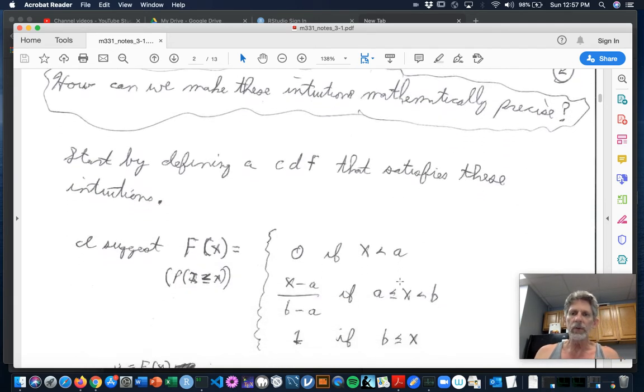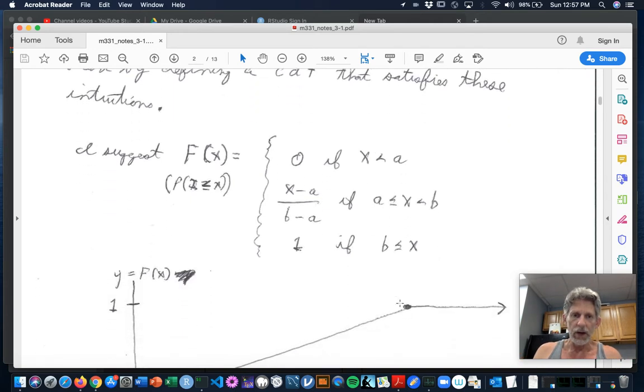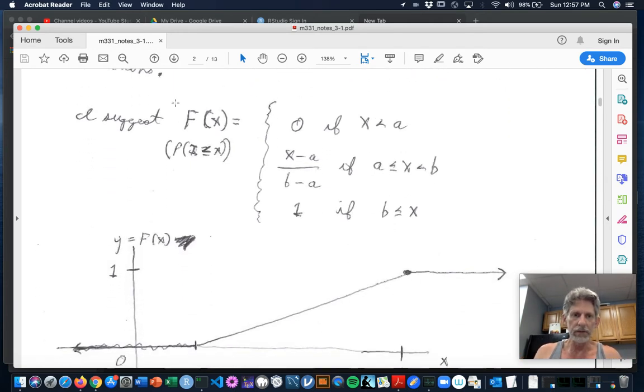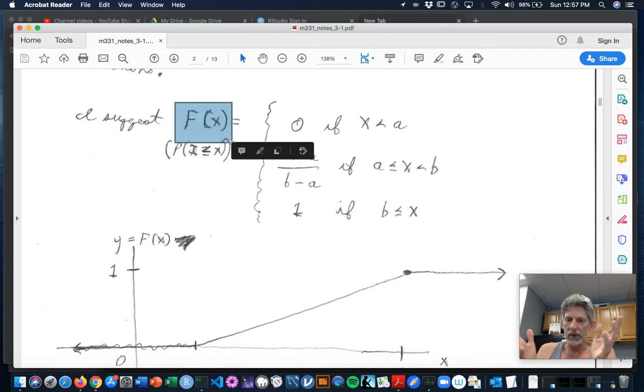Well, anyway, how can we make our intuitions about this type of random variable mathematically precise? What we need to do is to propose a cumulative distribution function that satisfies those intuitions. So I'm going to propose this one here. This is what I want to be the probability that X is less than or equal to little x.